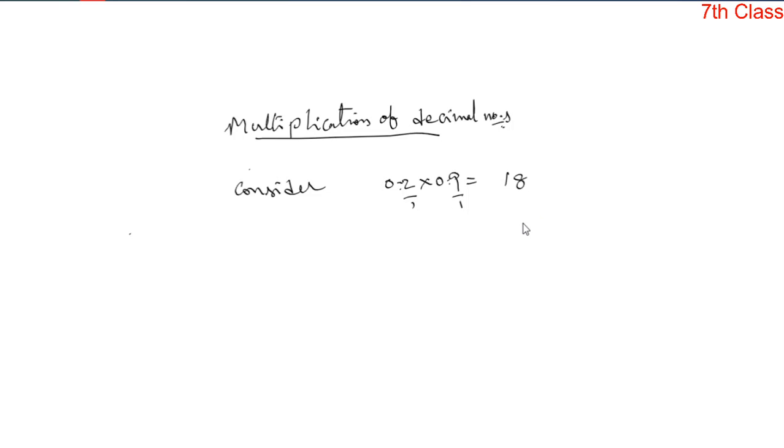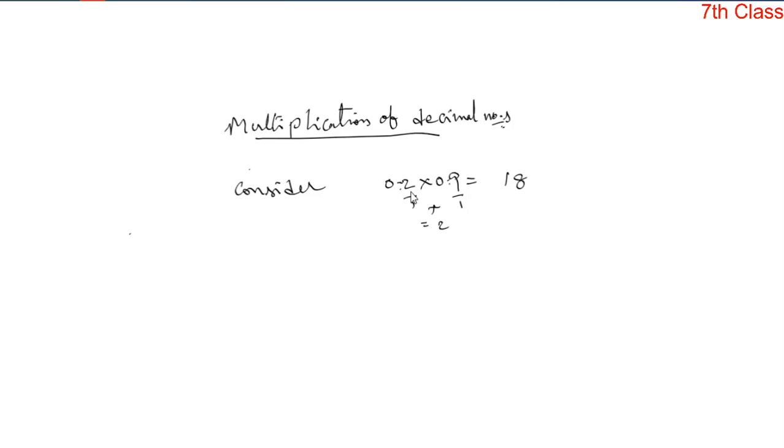Now count the number of digits in the decimal part. 1, 2. That means by adding 1 plus 1, which is equal to 2. The number of digits in the decimal part is 2. Now you count 2 digits from the right side and immediately you put one decimal point.